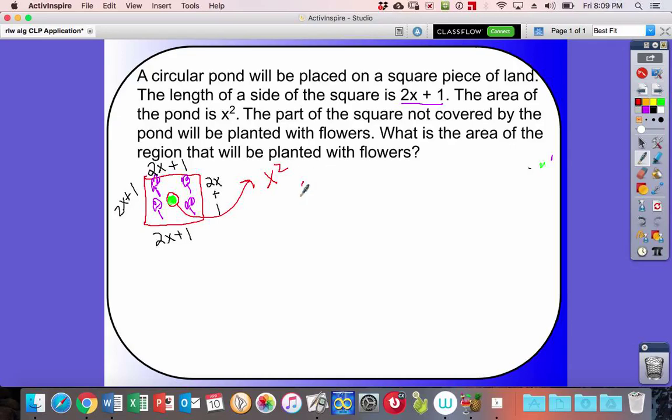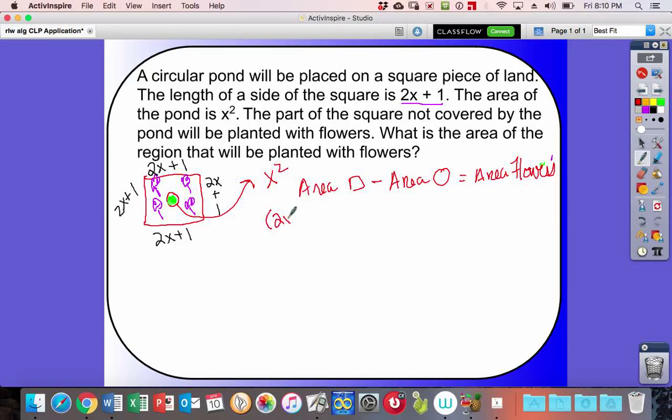And then you would have the area with the flowers in it. So I'm going to take the area of the square, and I'm going to subtract the area of the pond to get the area with the flowers. Okay, now the area of the square, it's length times width.